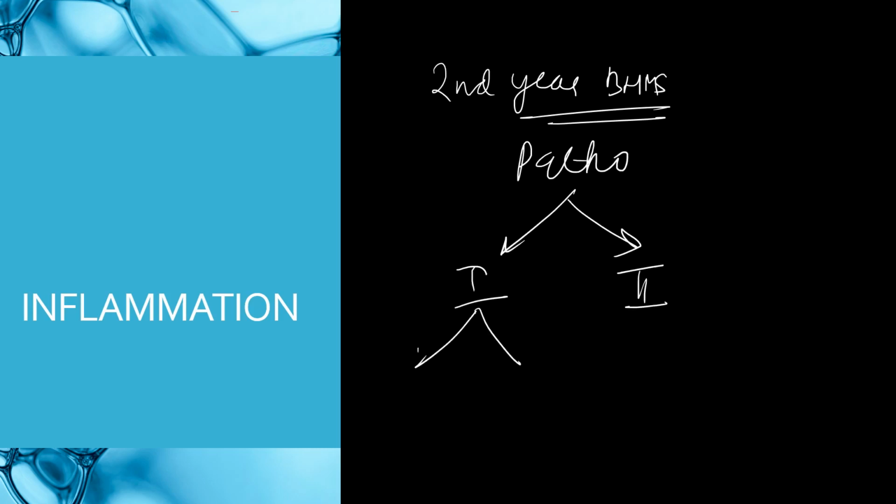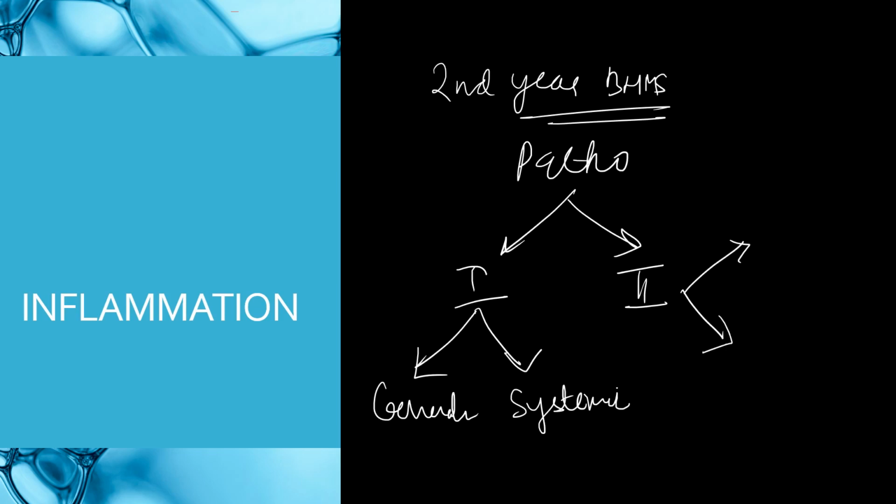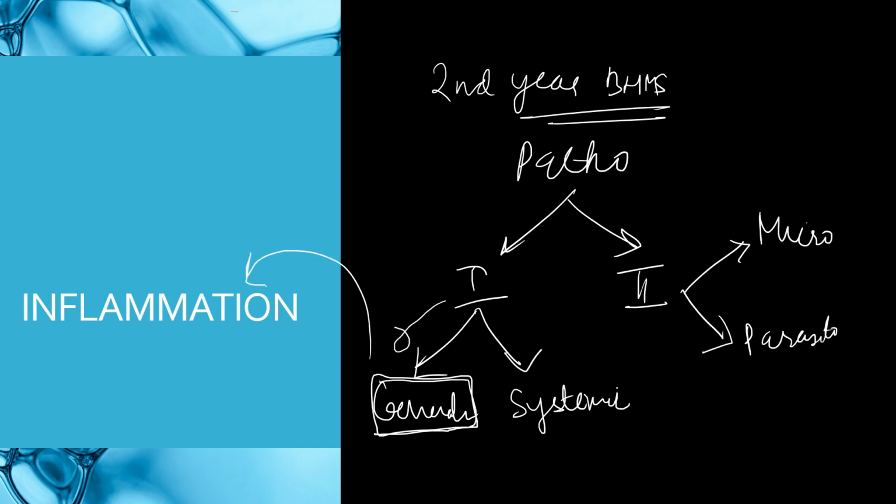Patho 1 is again divided into two parts, general pathology and systemic pathology. And the second patho is also divided into two parts, microbiology and parasitology. So, the general pathology of Patho 1 is what we are going to discuss here, that is inflammation.